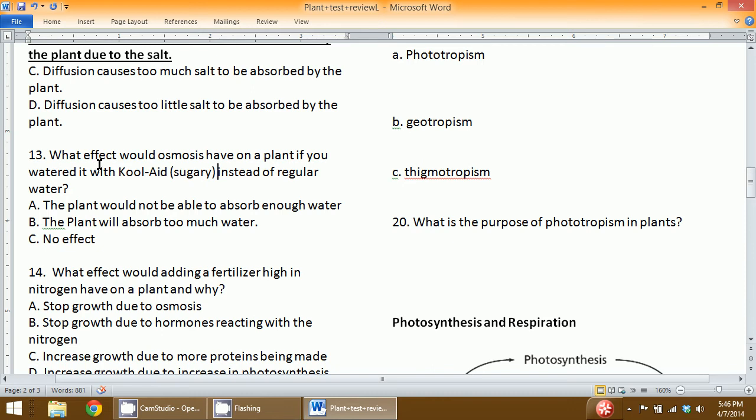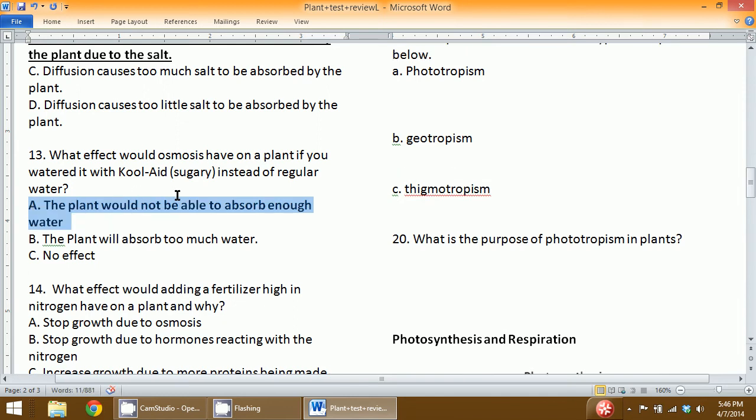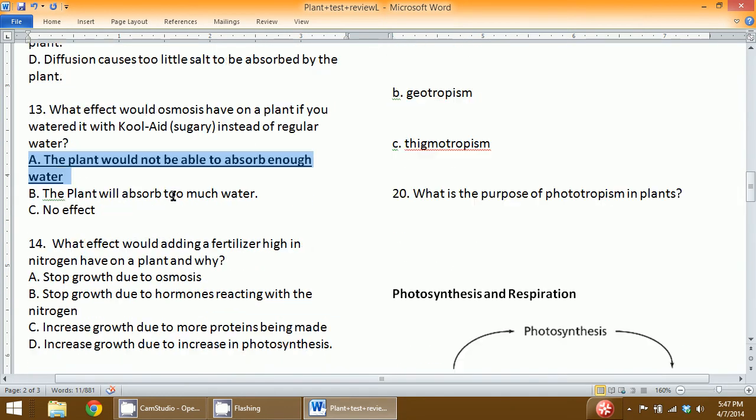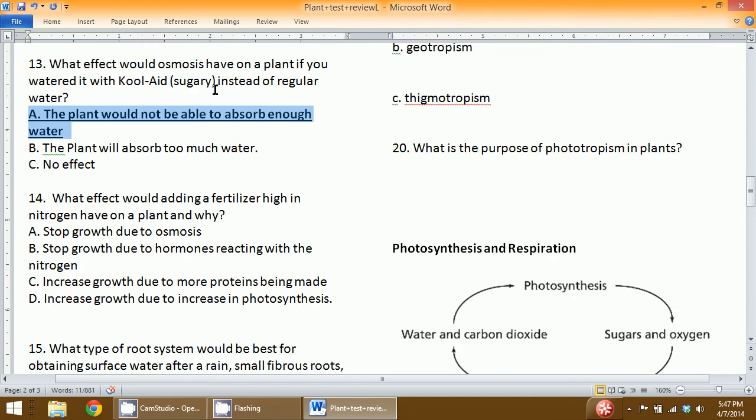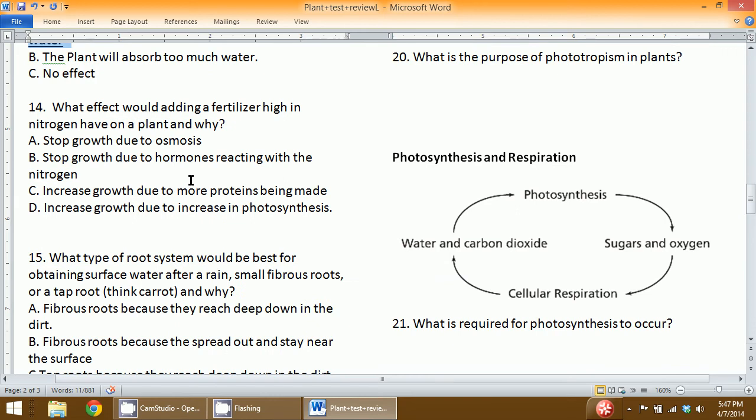And the water would actually move out of the cell more often than the cell can move some in. So in other words, we can summarize that by saying the plant will not be able to absorb enough water, causing it to shrivel, much like our egg did a long time ago when we put it in that sugar solution of cornstarch and water, or corn syrup and water.